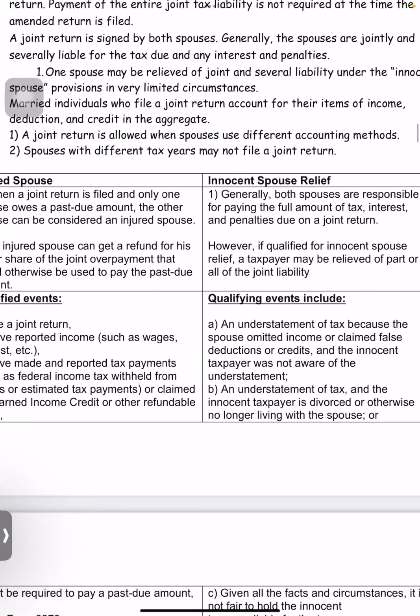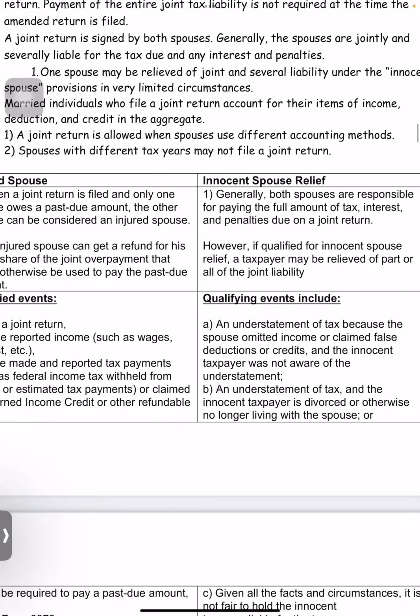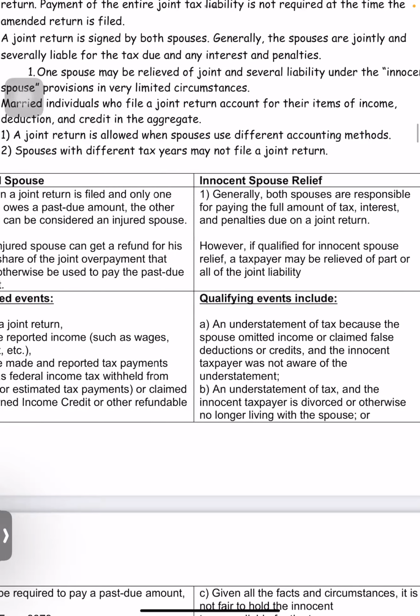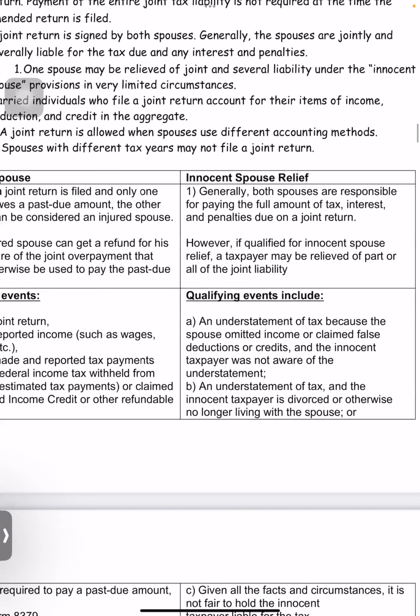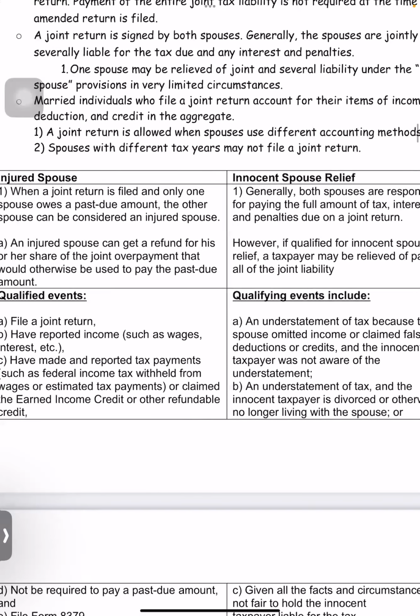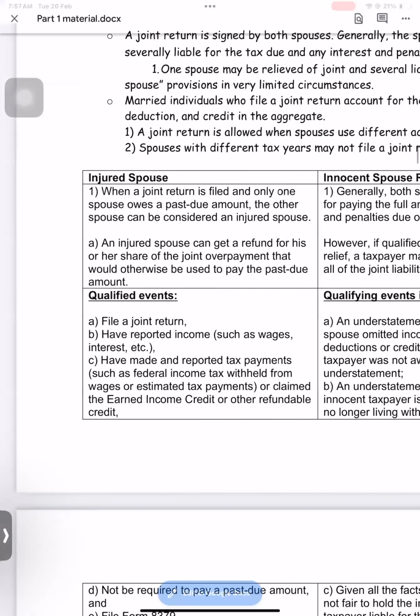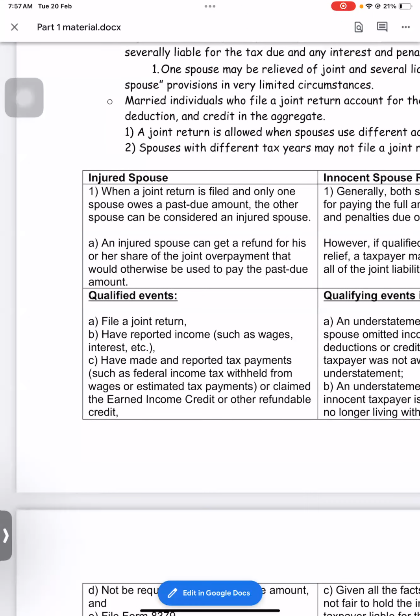If they are divorced, living separately, and filing separate returns, they can go for innocent spouse relief. In the injured spouse case, they are still filing a joint return right now, reporting all their incomes together, and then they can opt for injured spouse relief. Clear, guys?